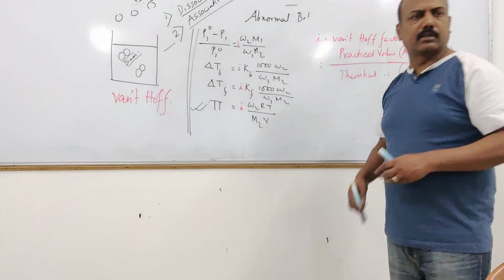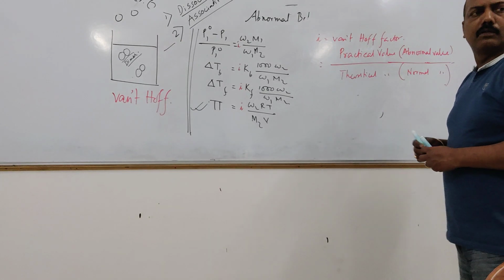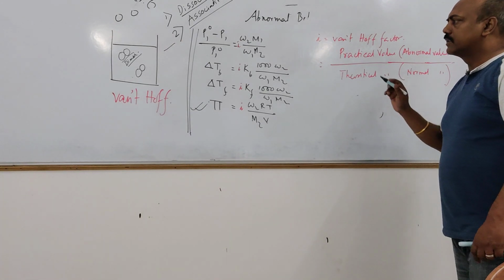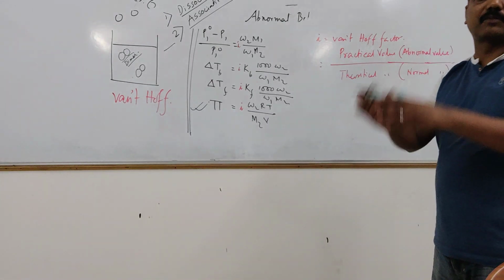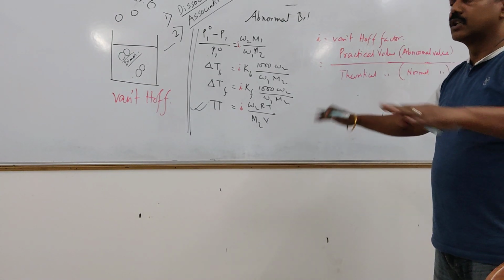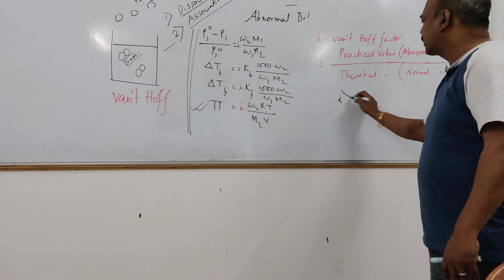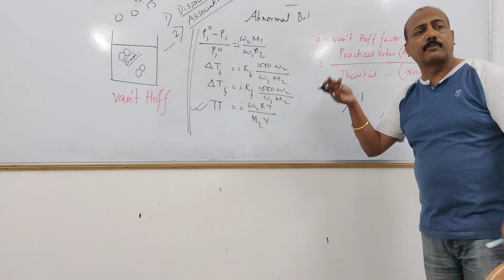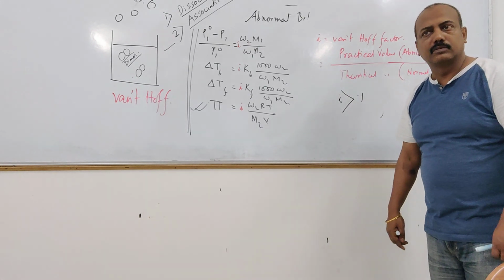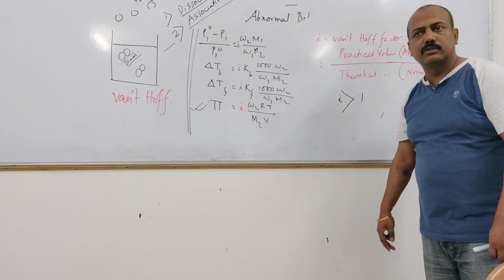Now, what is the value of i? If dissociation takes place, meaning if it is broken down, the value of i has to be greater than 1. In the case of sodium chloride, it was 2, because 1 is broken down into 2.